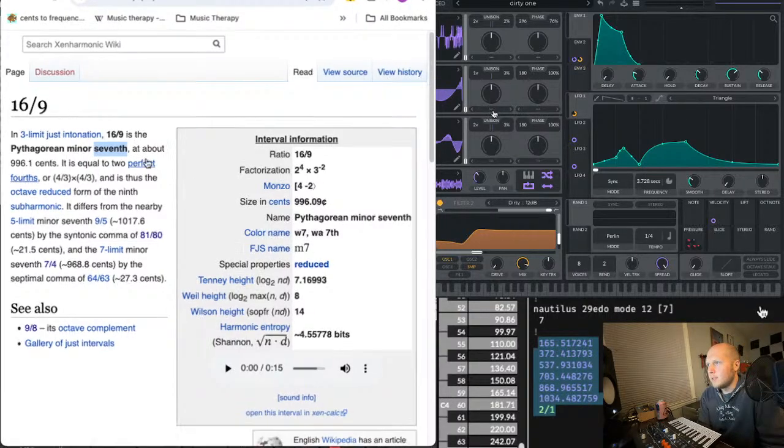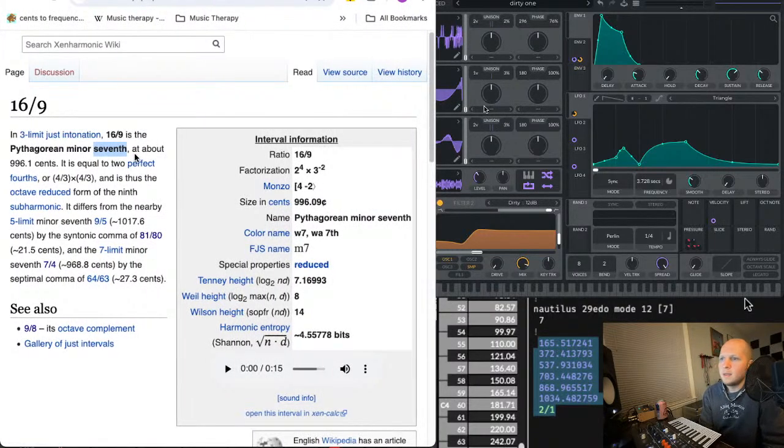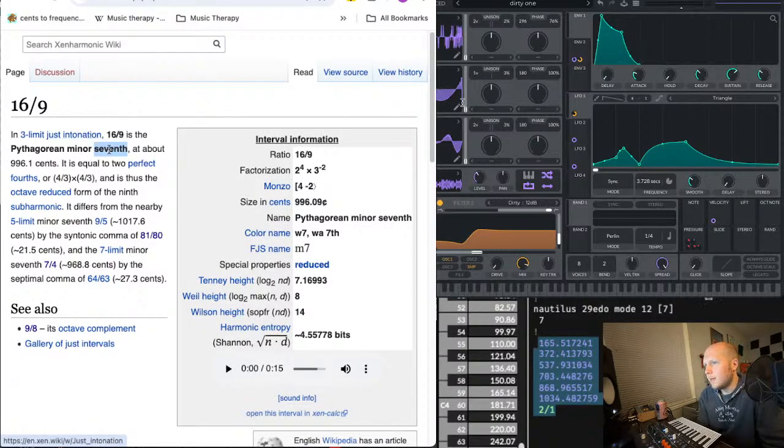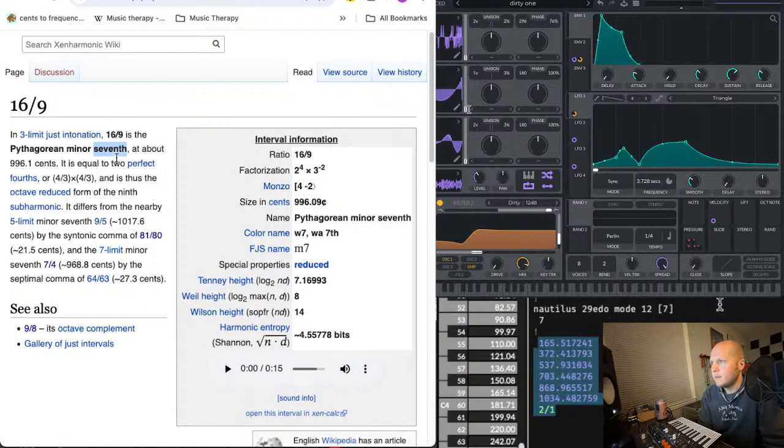So just like you stack two fifths to get a ninth, and the inversion of a ninth is a seventh, you can invert the fifth, stack two of those, and get the inversion of the ninth. That's kind of interesting. I've never put that together. It's the octave reduced form of the ninth subharmonic.